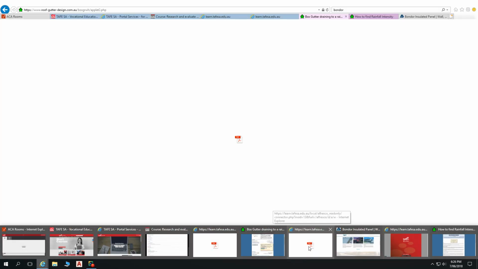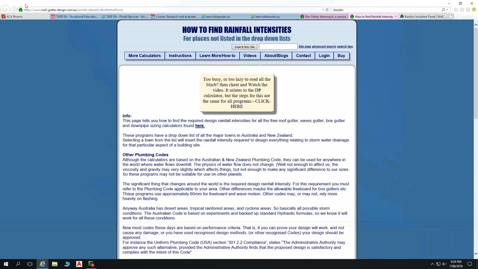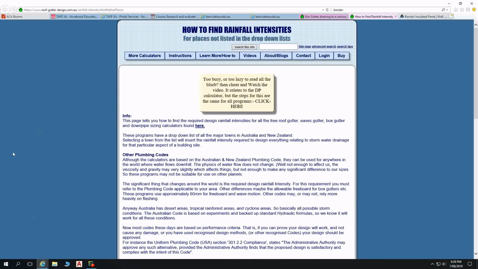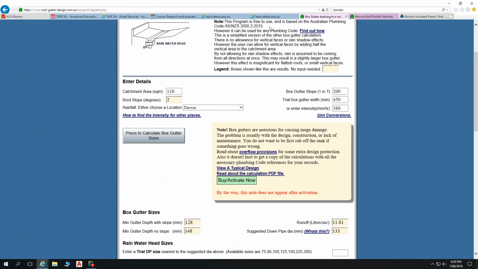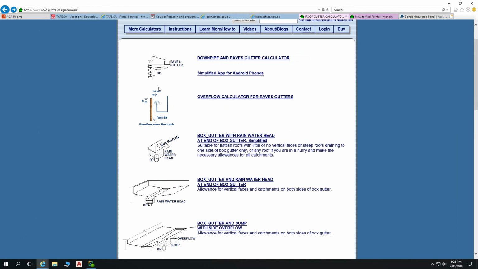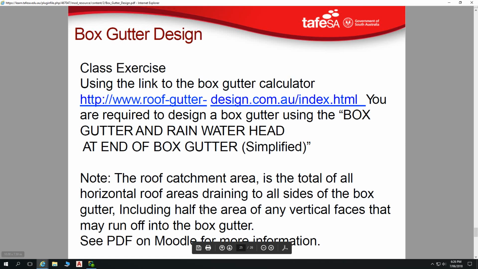But one other thing I will show on there is, go back. In that last question on Learn there, it said using half the area of any vertical faces that may run off into the box gutter.